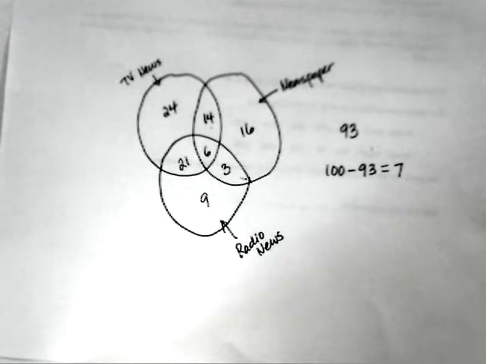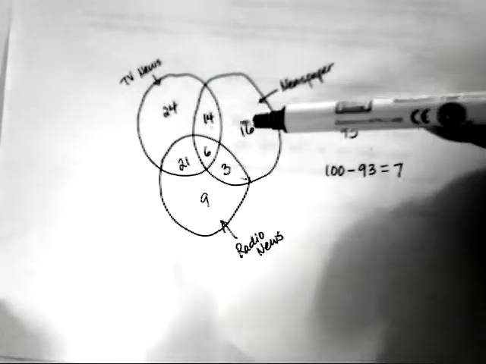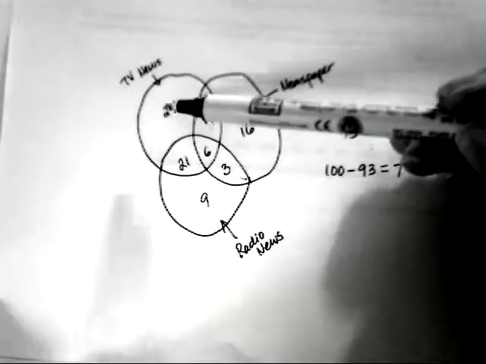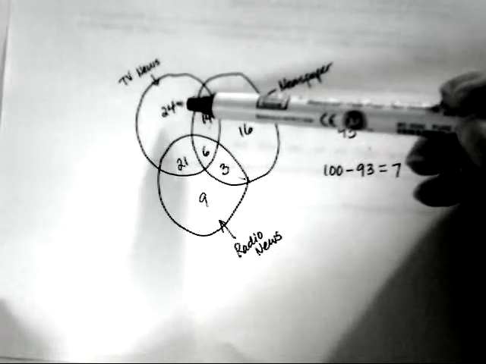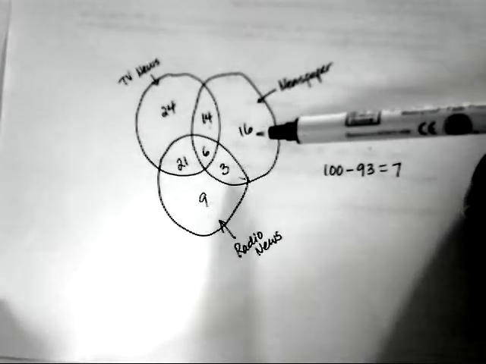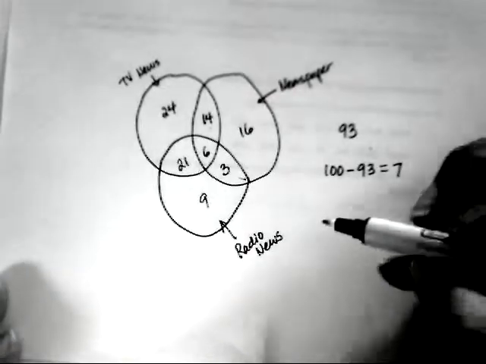And then, let's say, how many are getting their current event sources from only one area? It's these numbers right here. You have to add the 24, the 16, and the 9. So that's 24 people only get their current events from TV news, 16 only get their current events from the newspaper, and only 9 get their current events from the radio news.